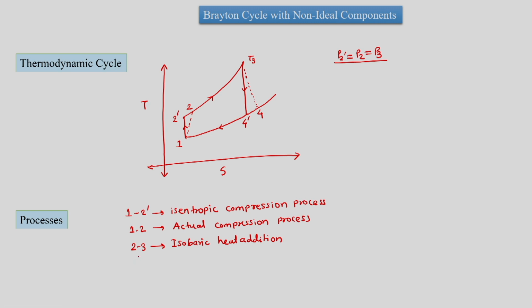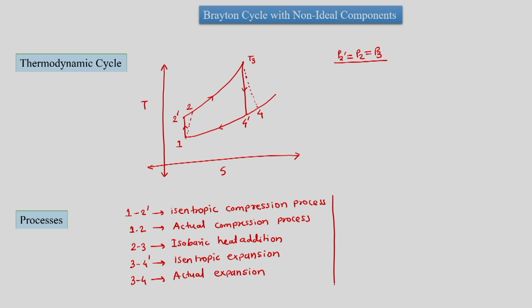Since we are considering static properties, we are going to discuss it in the next chapters. Then the process 3 to 4 dash is isentropic expansion, and 3 to 4 is actual expansion.